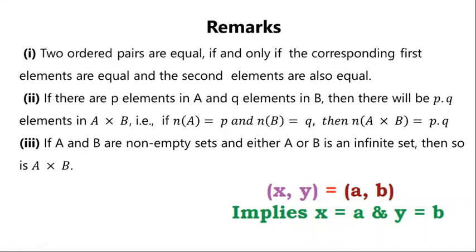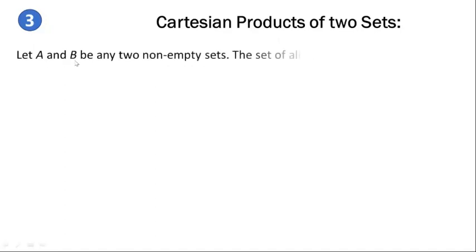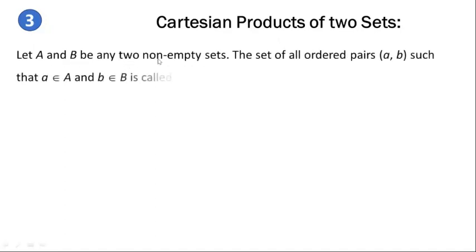Next we have Cartesian products of two sets. Let A and B be any two non-empty sets.